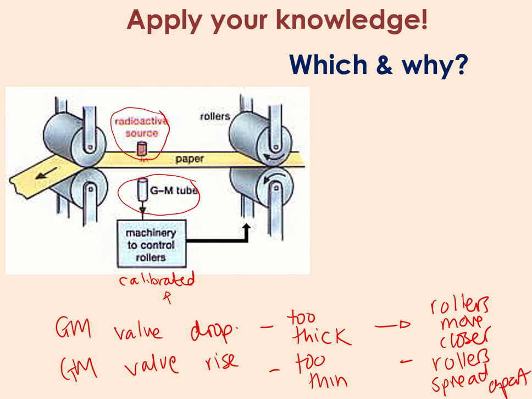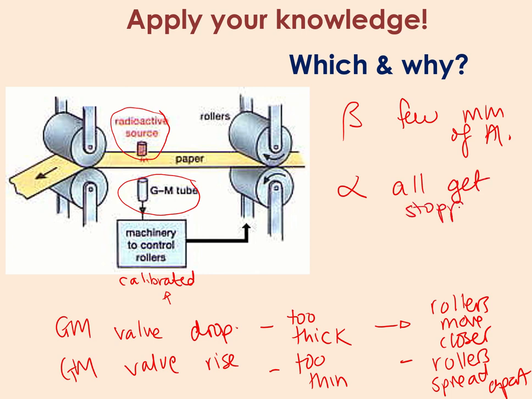So which type of radiation would we use for this, and why? And the answer is beta. We know that beta is stopped by a few millimeters of aluminium. Alpha would, regardless of the thickness of the paper, all get stopped, so you couldn't use this very sensitive feedback mechanism that I've described at the bottom.